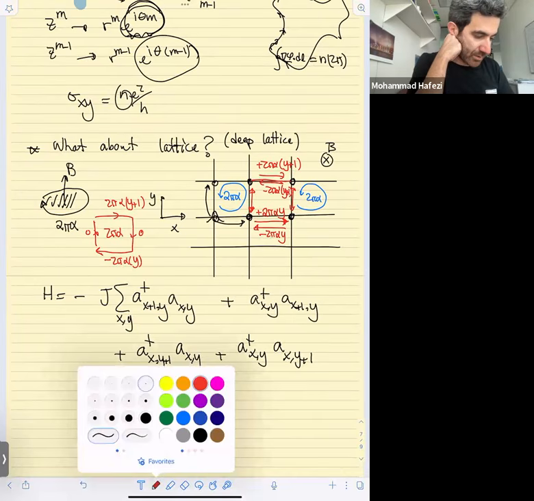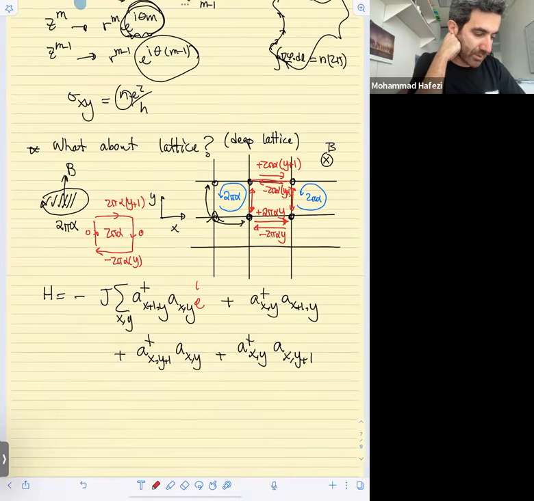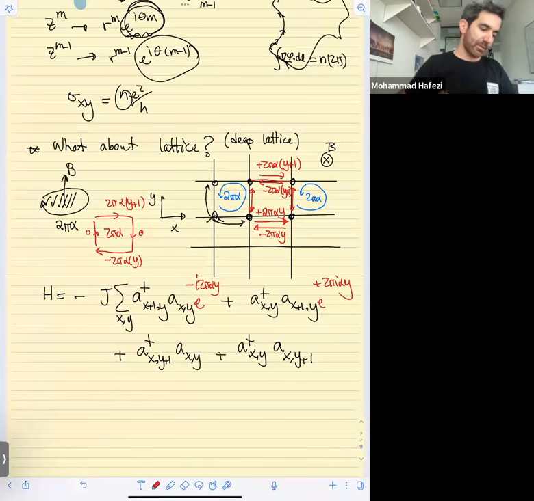So if I want to add these parts into the Hamiltonian, it is e to the i 2 pi alpha y, and the complex conjugate, e to the minus i 2 pi alpha y. And over here it's just 0, e to the i0. Just ignore writing that. So I did not derive the Hamiltonian from first principles.